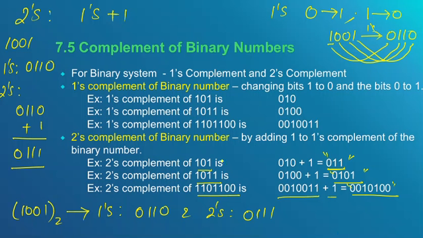So why do we use 1's complement and 2's complement? The 2's complement is mainly used to represent negative values. So you will be using it to represent negative values in binary numbers. Next we'll see how signed numbers and unsigned numbers are used in fixed point representation.